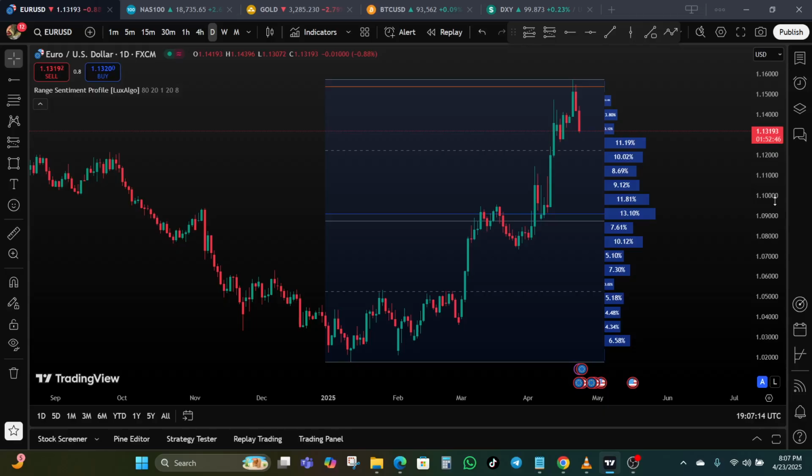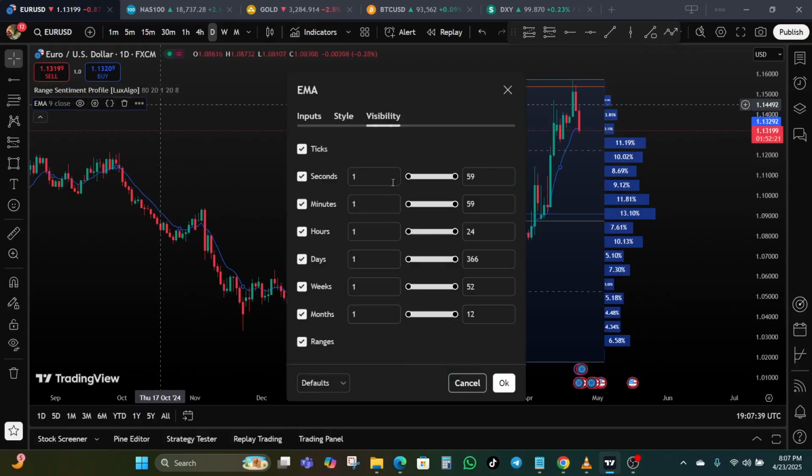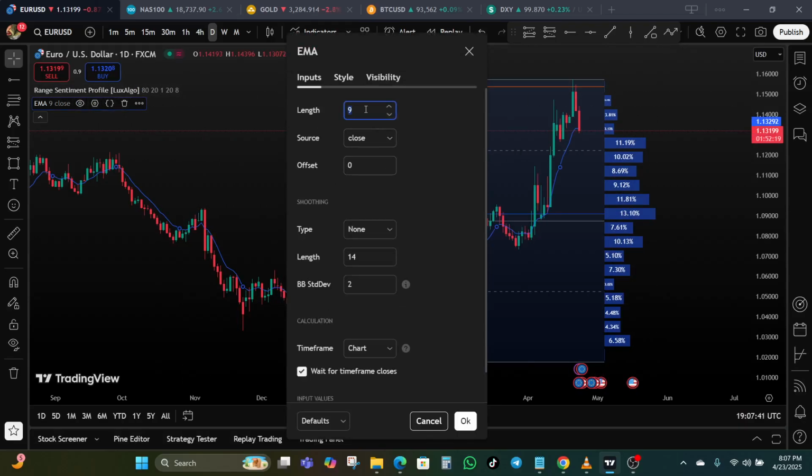You start by loading this indicator to your preferred chart, and then you take advantage of these zones highlighted on the chart. These are created based on repeated price interaction, volume imbalances, and sentiment flips. Now you can also decide to overlay a simple 50 period exponential moving average to the chart.